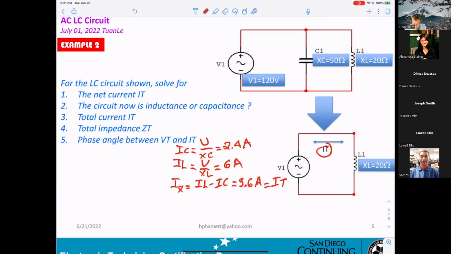After I get the total current IT, or I, I can say the circuit now will be inductive. Make sure you understand how we come up with inductive for this circuit: IL is higher than IC.